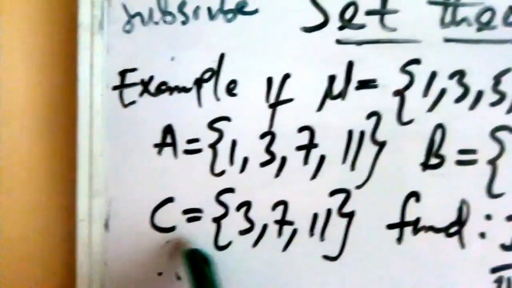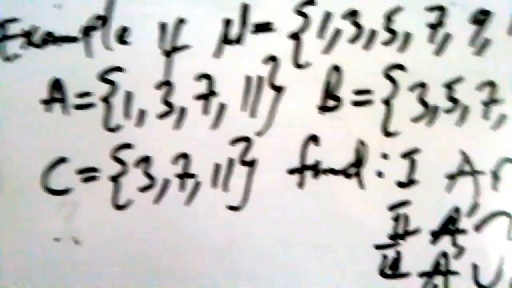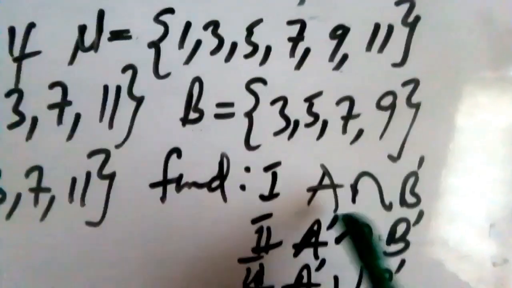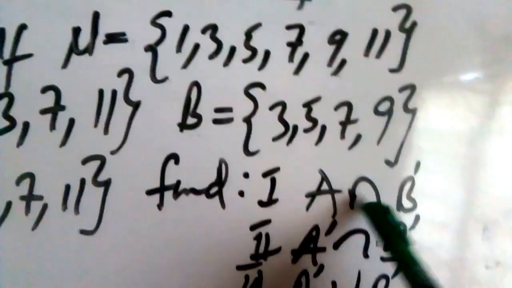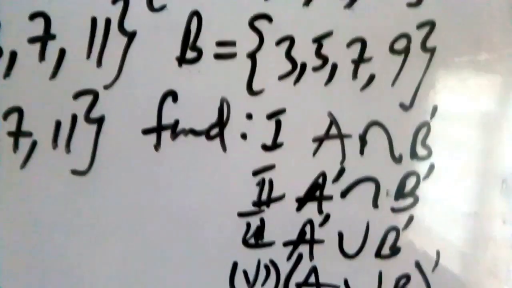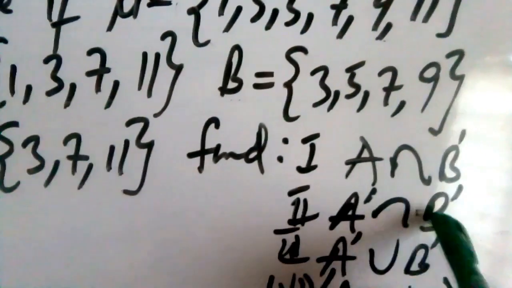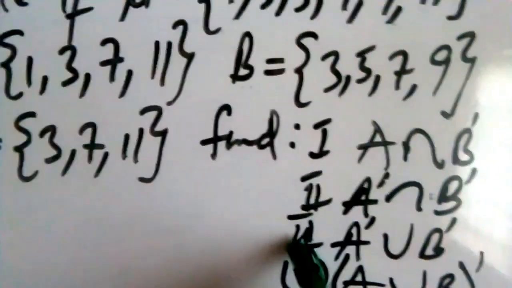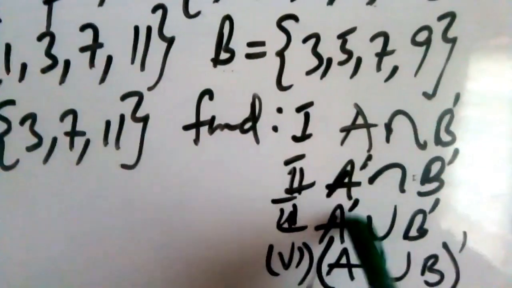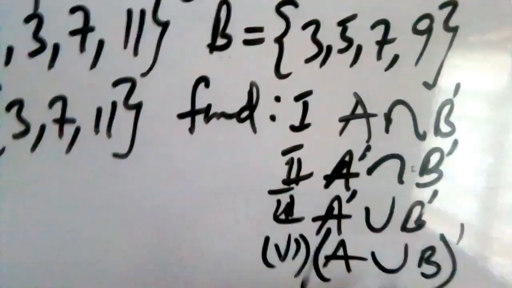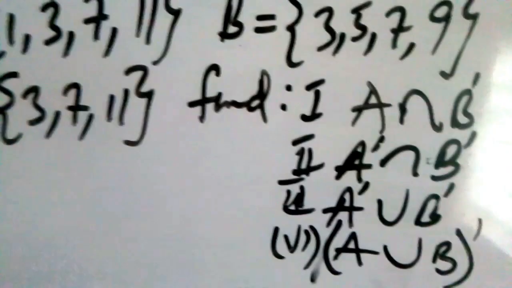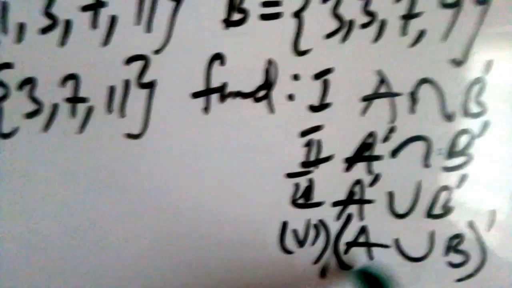And set C: 3, 7, 11. We are asked to find, first, A intersection B complement. Second, A complement intersection B complement. Third, A complement union B complement. And fourth, A union B complement.